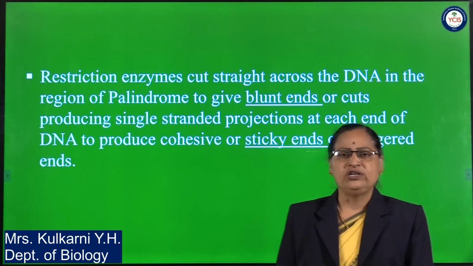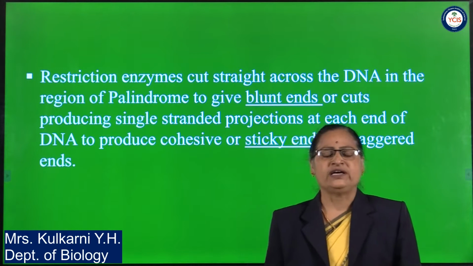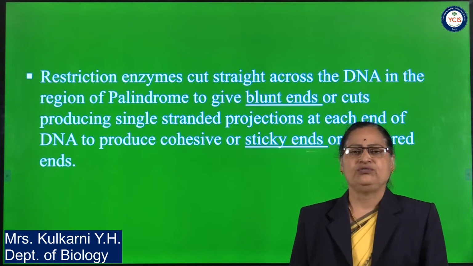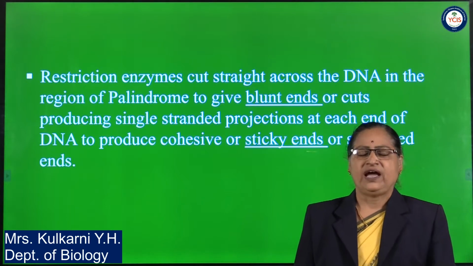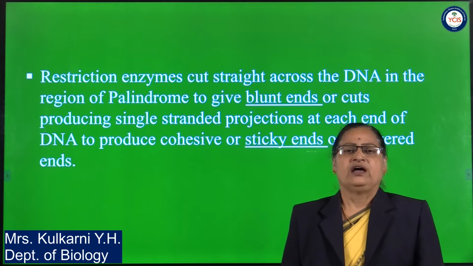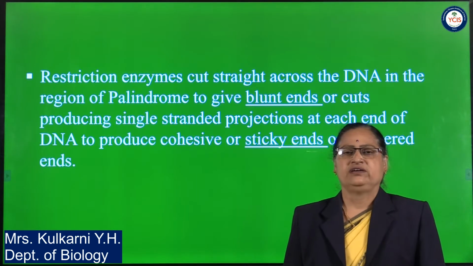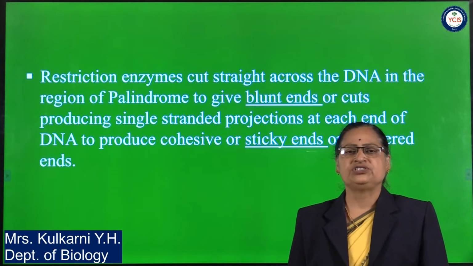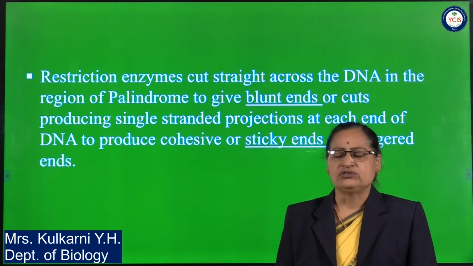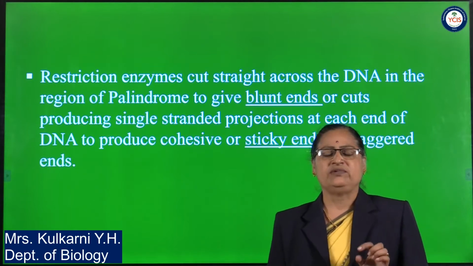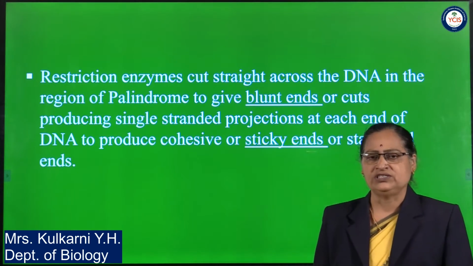So it is also called a molecular scissor. As it cuts DNA at a specific site within the DNA, it is called restriction endonuclease. So in biotechnology, we have to first remember the enzyme restriction endonuclease.